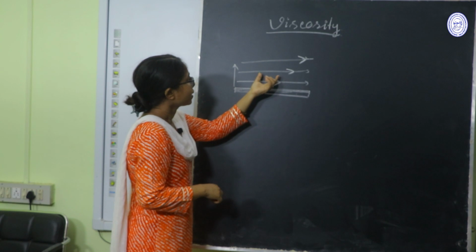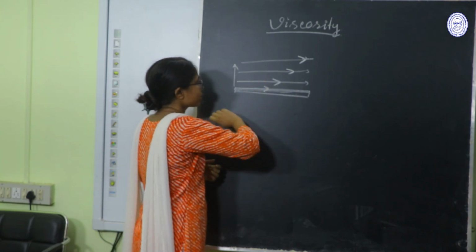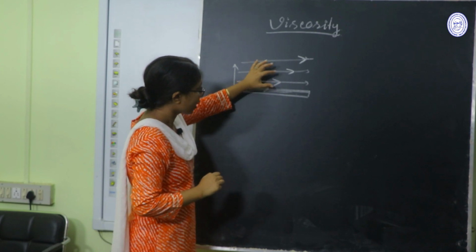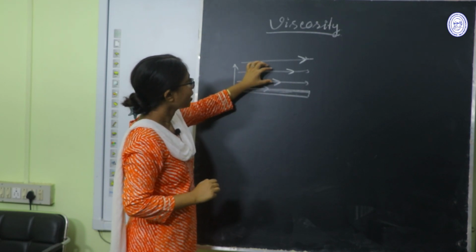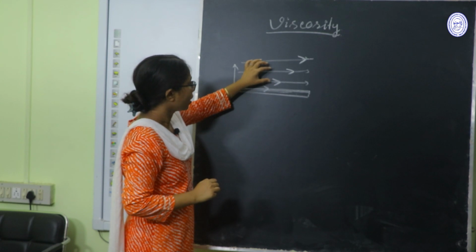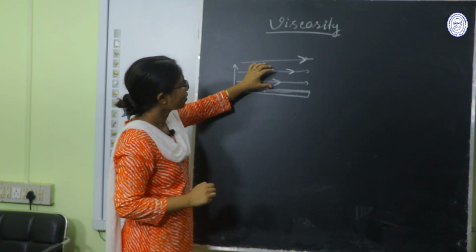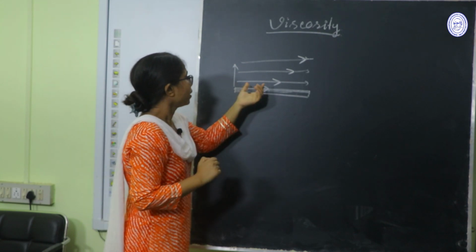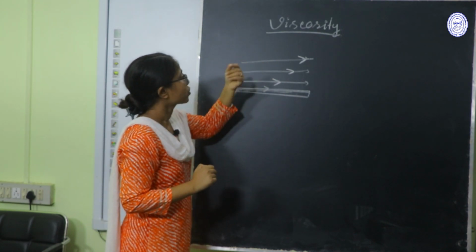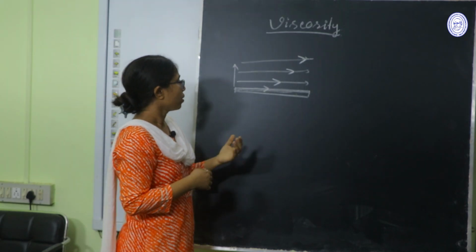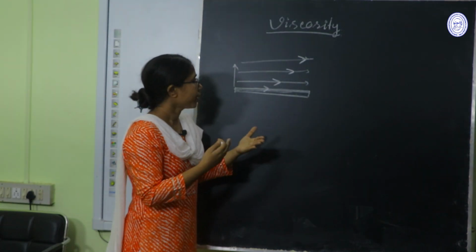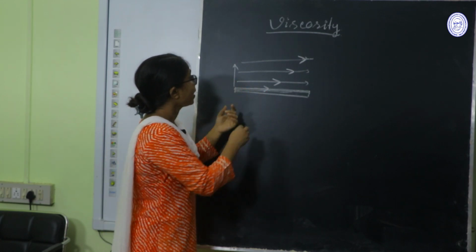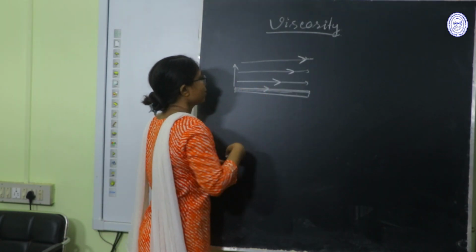Due to these relative motions between two layers, there arises an internal frictional force, and this force is called the viscous force, and in one word this internal friction is called the viscosity. So, viscosity is the property of fluid by virtue of which it opposes the relative motions between these layers.